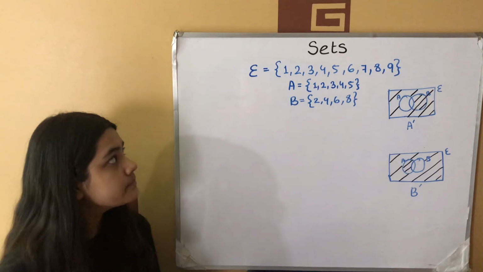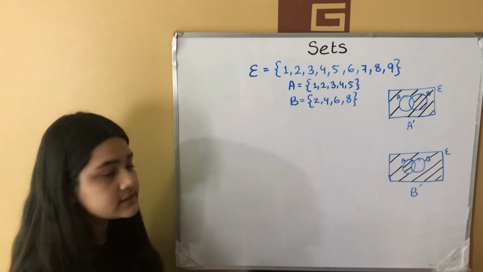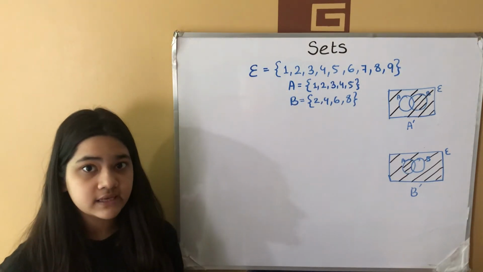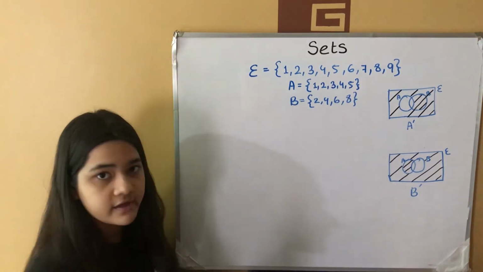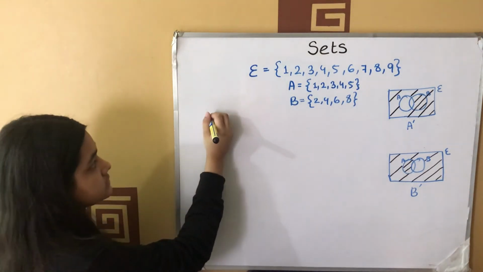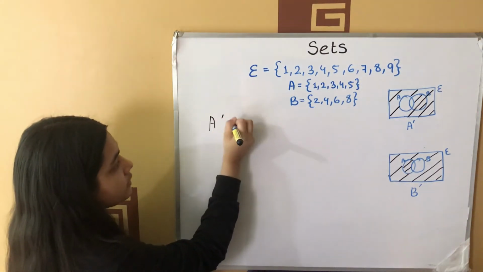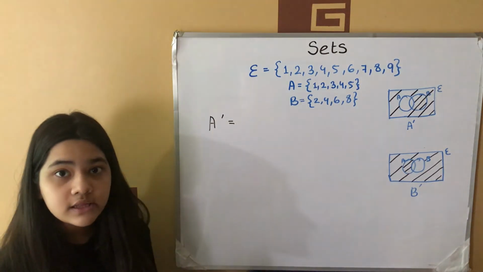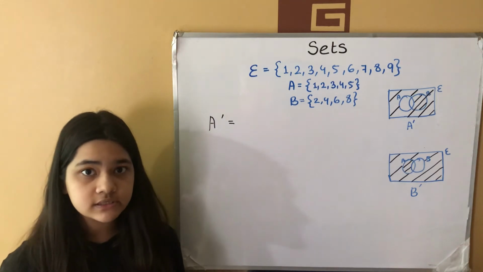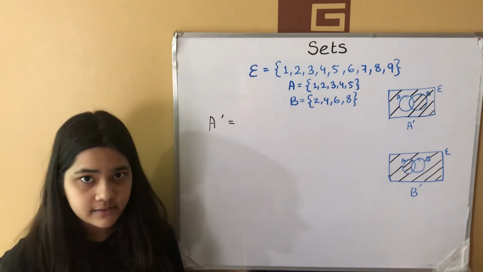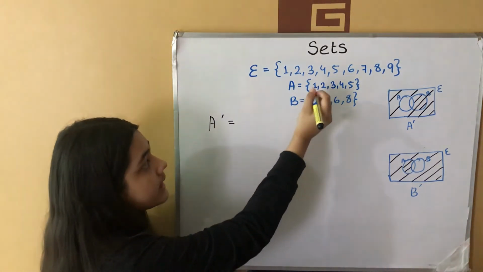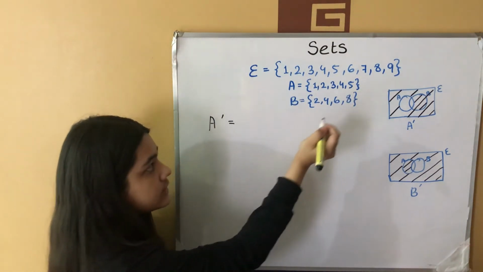For example, this is our universal set and we have set A which contains the elements 1, 2, 3, 4 and 5. Then the complement of set A will contain all the elements in the given universal set except those elements which are in A. In this case, A has the elements 1, 2, 3, 4 and 5.